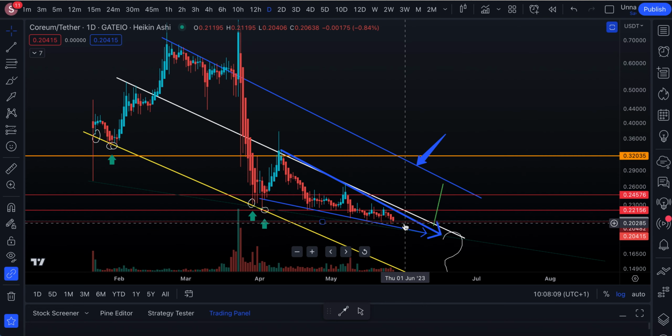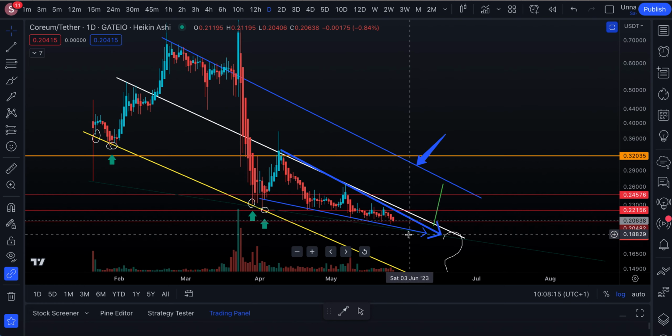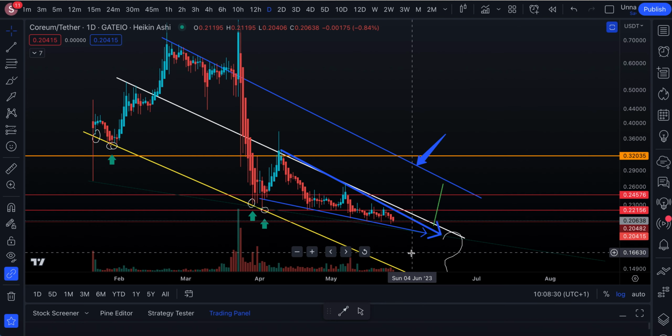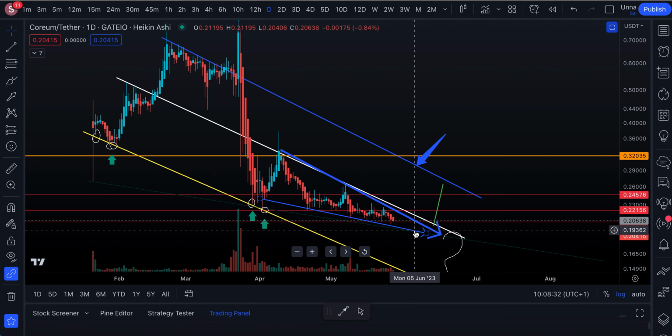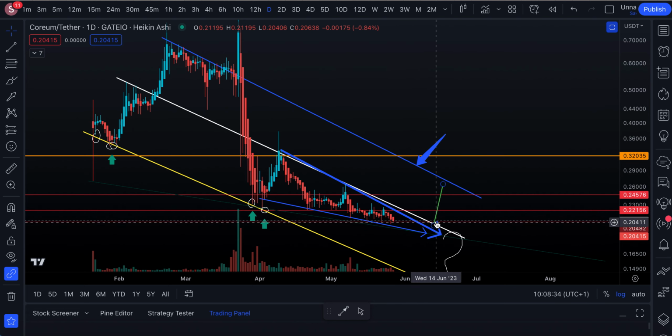Anything's possible in the markets. But if I'm trading this, I would put my stop loss below the downtrending support, because if we was to break down out of it, then we're coming down. But as long as we stay in the pattern, this is bullish.